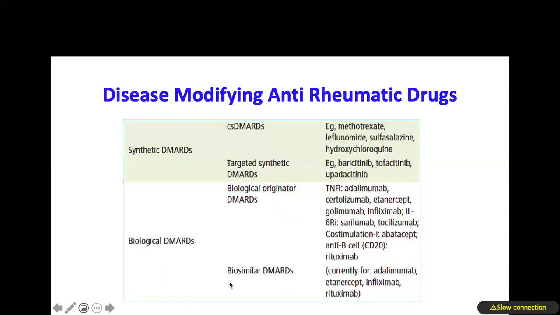So then, of course, there are the biological disease-modifying drugs, original biologics, and what are called biosimilars. The development of biologics is different to the development of chemical drugs, right? There is a particular biological pathway because these molecules are biological molecules.